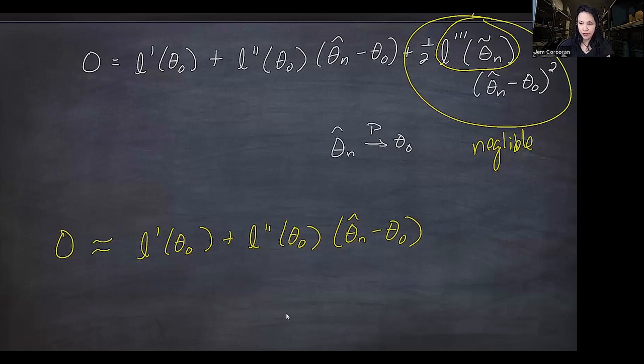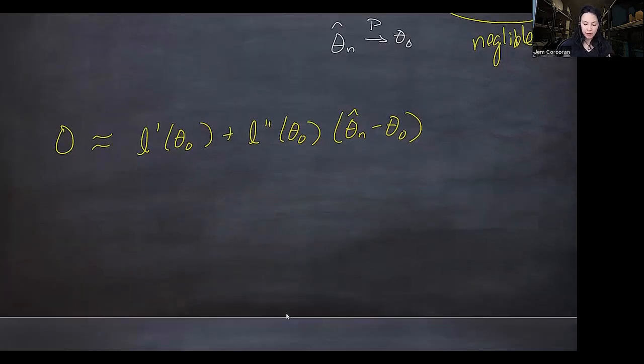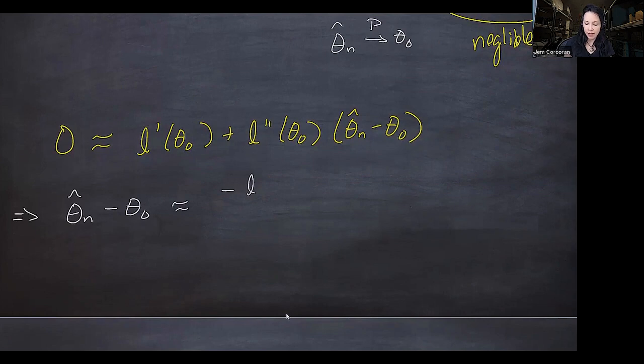So what can I say in one more minute? From this, I could get that theta n hat minus theta naught is approximately the negative L prime theta naught over L double prime of theta naught.